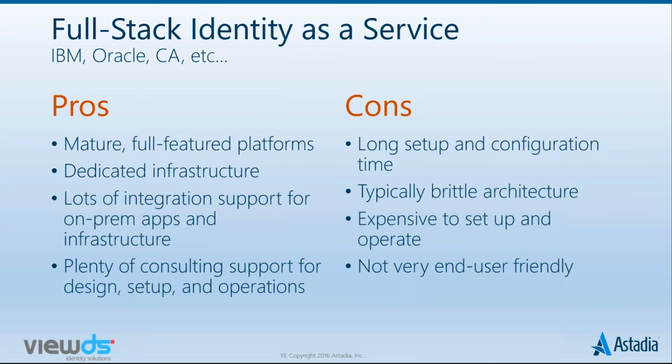And because these products were designed for on-prem use cases, they feature lots of connectivity with on-prem systems, and they tend to focus on provisioning, deprovisioning, synchronization between applications, integration with application infrastructure like message queues, and administrative workflows. They don't really tend to focus on cloud features like single sign-on to cloud SaaS applications.